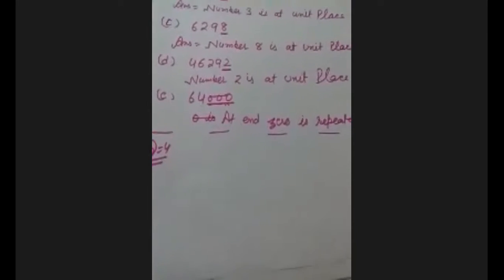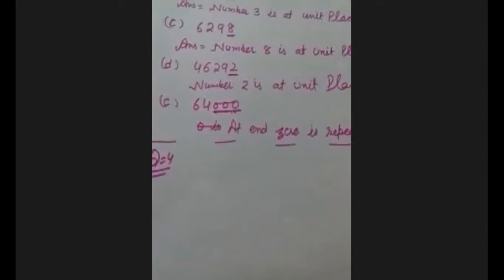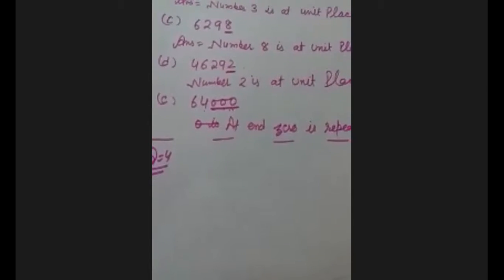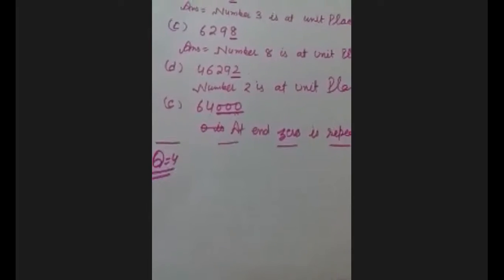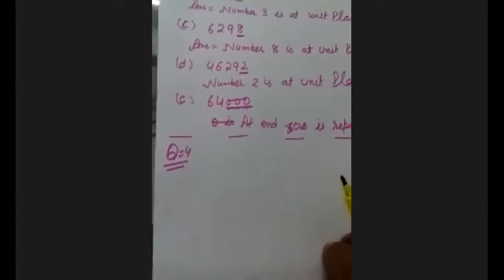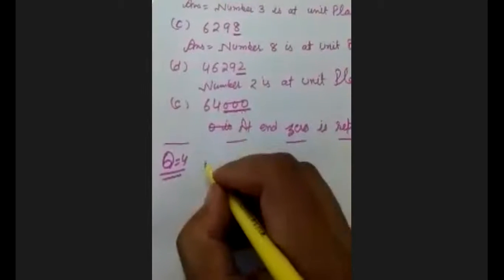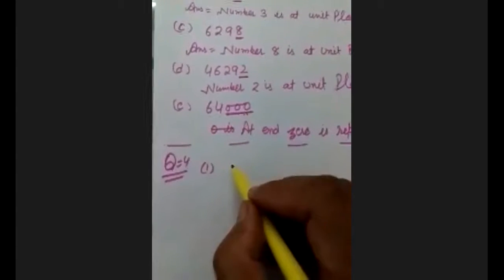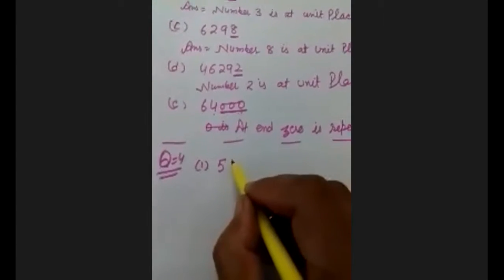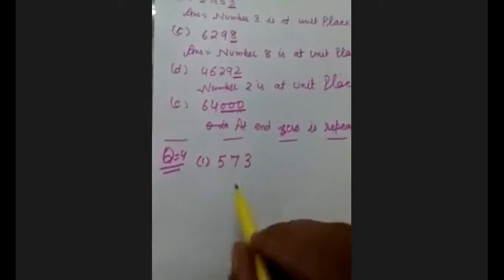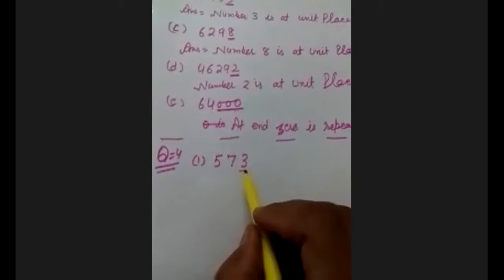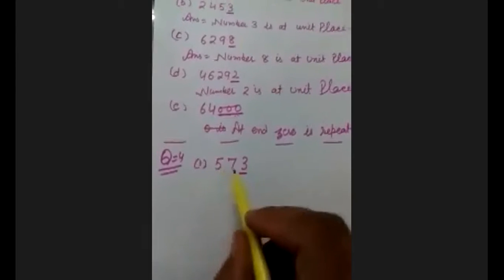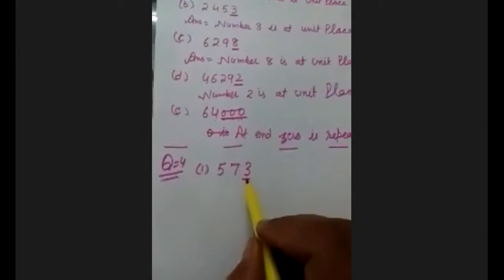Yes students, your fourth question is: the square of which of the following numbers would be an odd number or even number, and why? Your first number is 573. Last digit is 3.